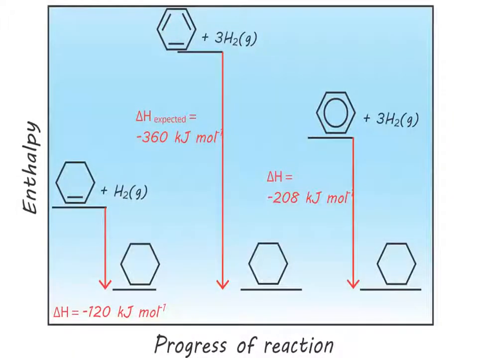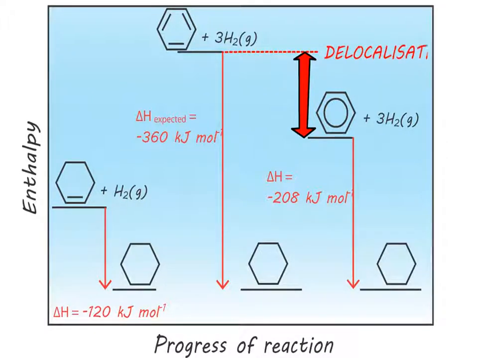It also explains why the enthalpy of hydrogenation is lower than that expected for the Kekulé structure, since the delocalization of electrons leads to a much more stable molecule which is lower in enthalpy. The difference between the enthalpy change expected for the hydrogenation of the Kekulé structure and that observed for the benzene molecule is called the delocalization energy, or resonance energy.